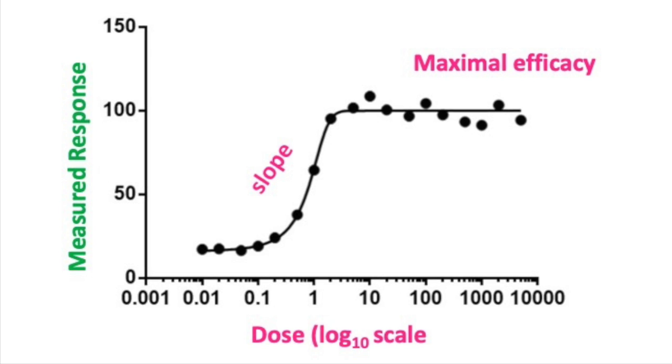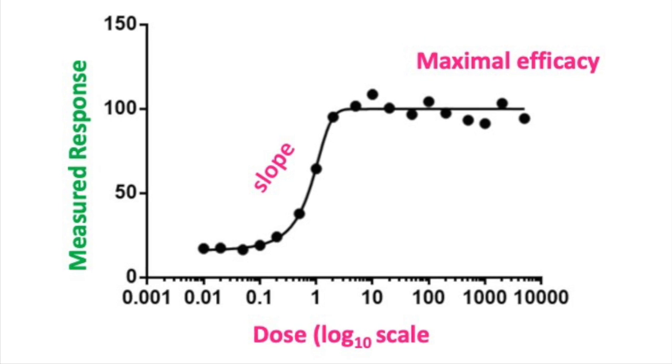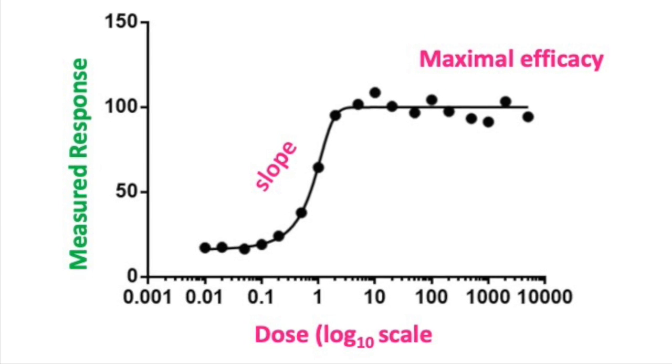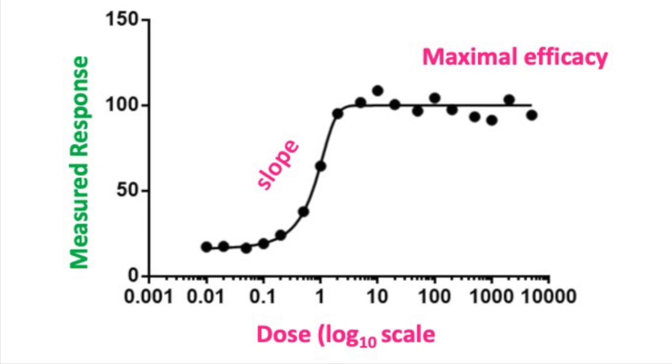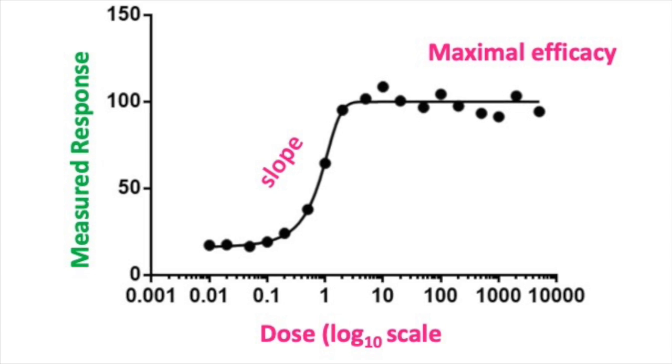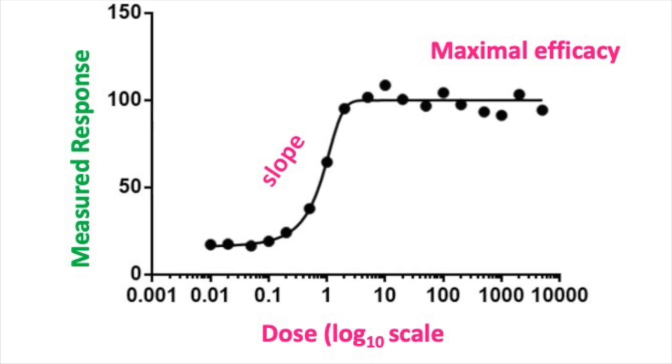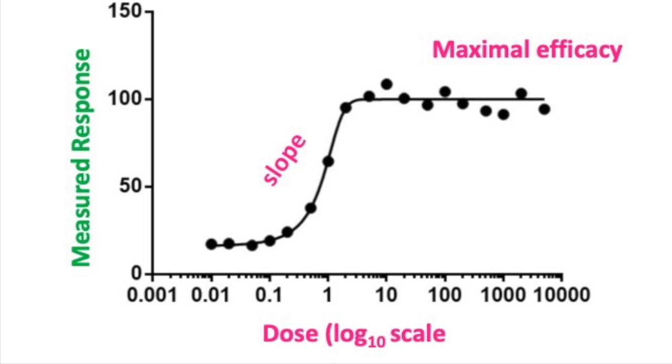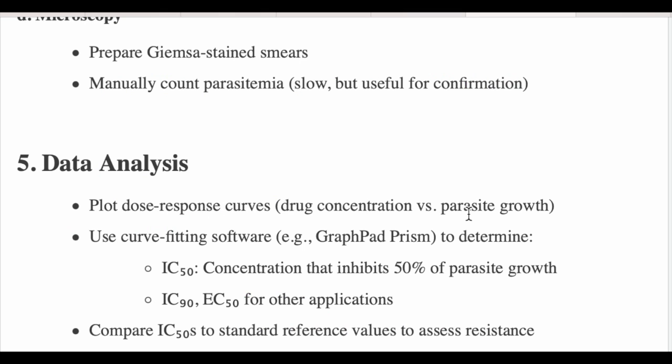So this is the concentration that inhibits 50% of parasite growth. Or in addition, you may want to look at the EC₅₀, or effective concentration 50, for other applications. So you compare your inhibitory concentration 50s to standard reference values to assess resistance.